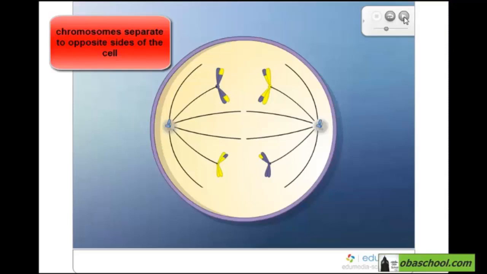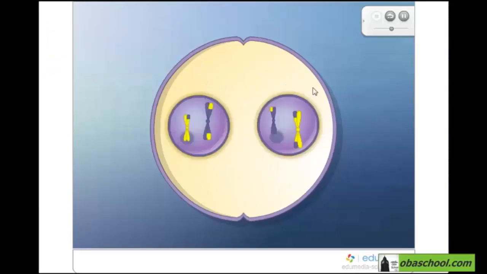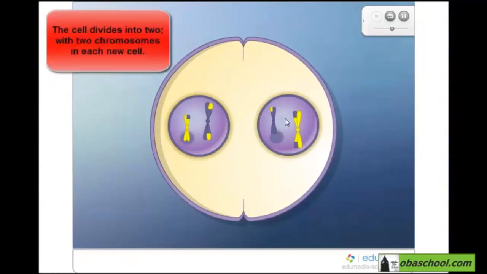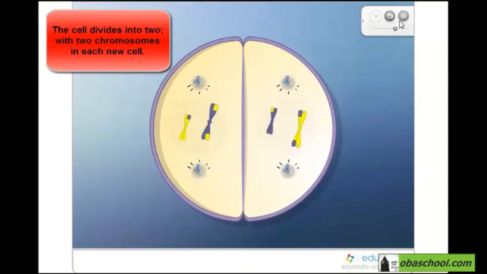So we had the homologous pair lining up at the equator, forming the equatorial plate. Then each chromosome of the pair is going to go to one side of the cell. So we will end up with half the chromosomes on one side and the other half on the other side. And the cell will divide into 2. Now we have half the chromosomes in one daughter cell and the other half in the other daughter cell.